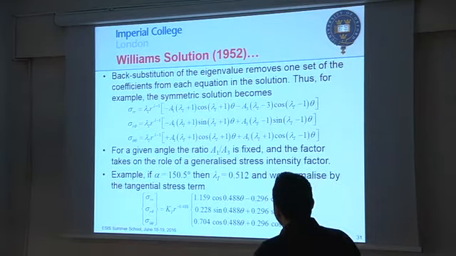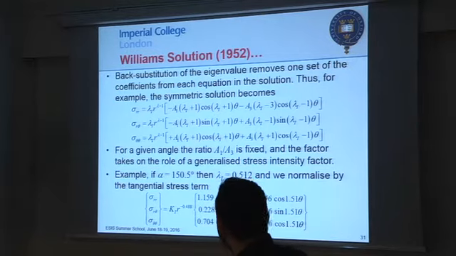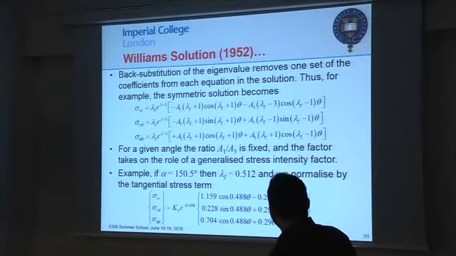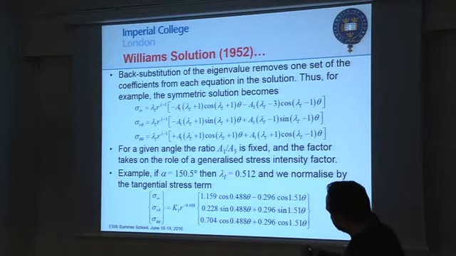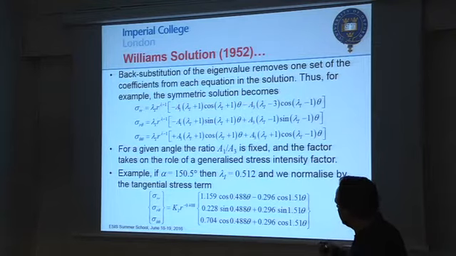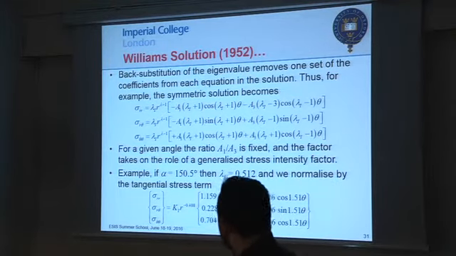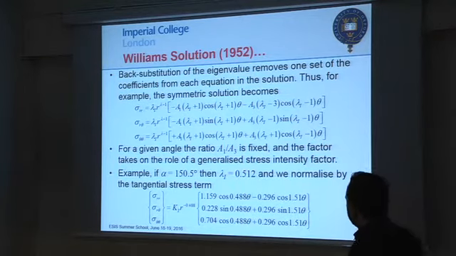So now you know that for a certain alpha, you have a certain lambda. So you can go back in the symmetric part of the solution, for example, you substitute lambda 1 for your lambda, and all that is left is A1 and A3. Now, it turns out, for a given angle, this ratio is fixed.